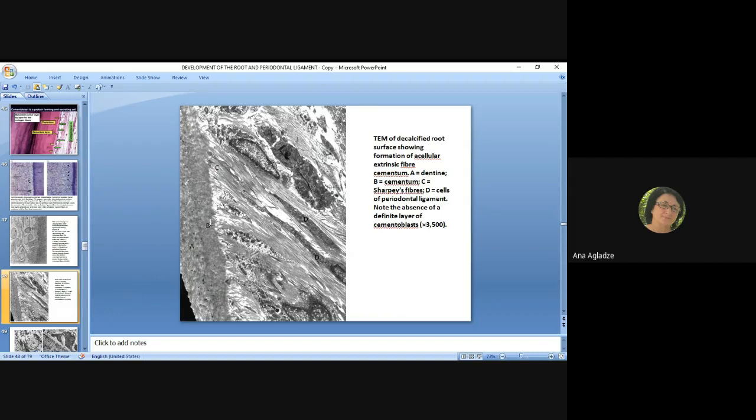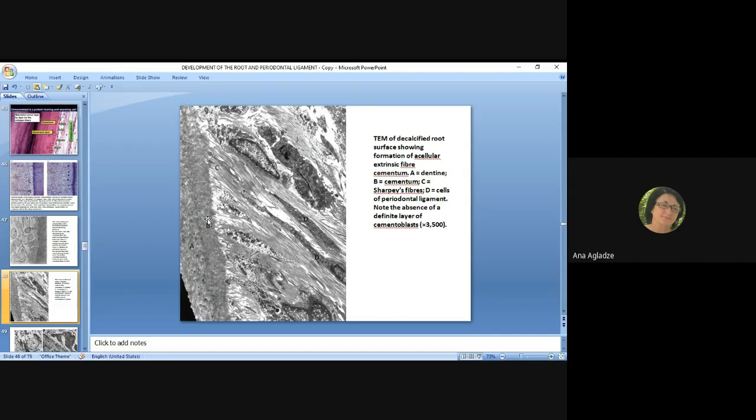To begin with, acellular extrinsic fiber cementum is formed at the neck of the tooth, and later, when root formation has advanced, more cellular intrinsic fiber cementum is formed. First, acellular fiber cementum is formed, and these are Sharpey's fibers, which are then embedded into the cementum. Then cellular intrinsic cementum is formed further apically or in the area of bifurcation of the root.